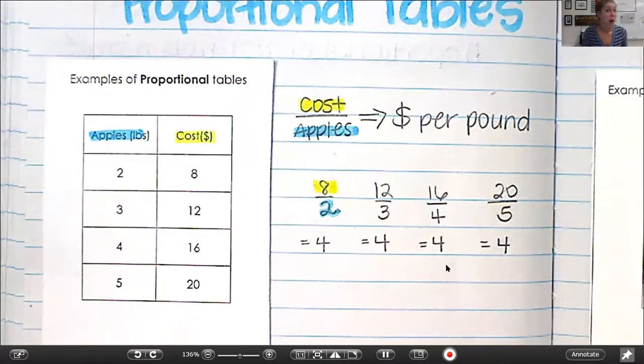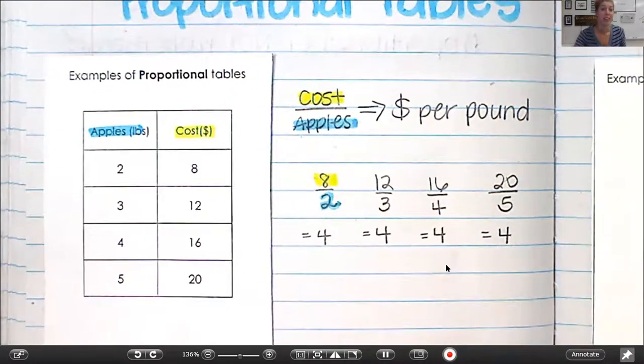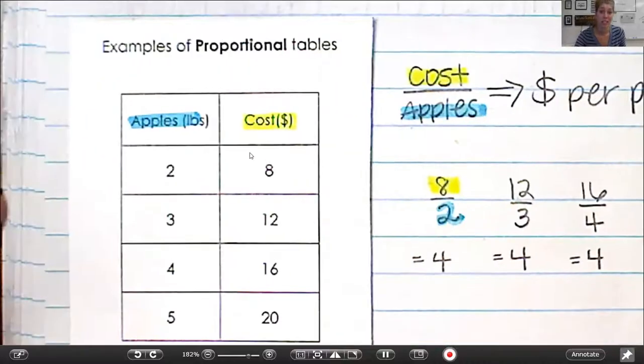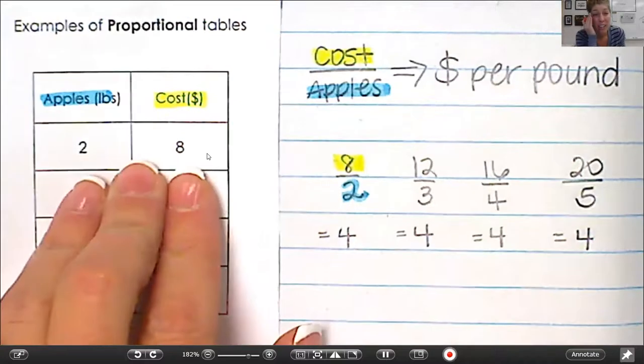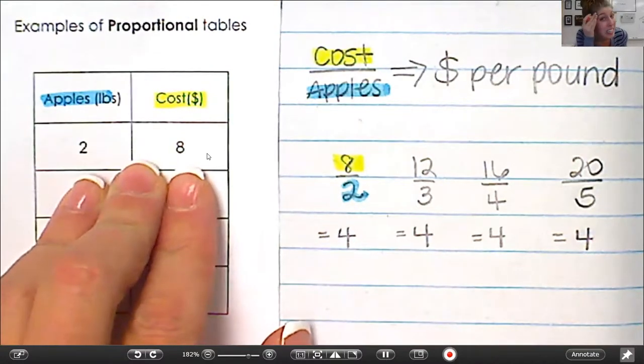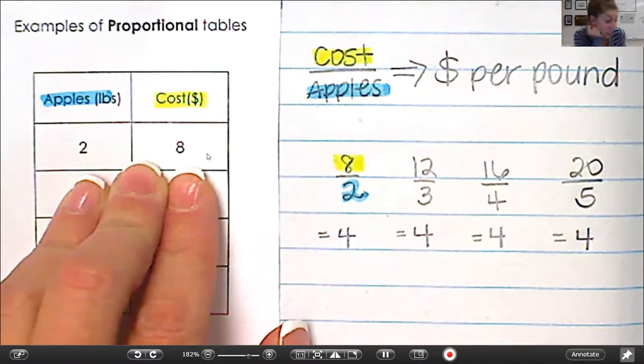If you wanted to use a common multiplier for something like this, check this out. Whenever you try to find a common multiplier, you're always looking for a pair of numbers that stands out to you, right? Like, oh, I know. So when I see 2 and 8, my brain's going ding, ding, ding, times 4, right?